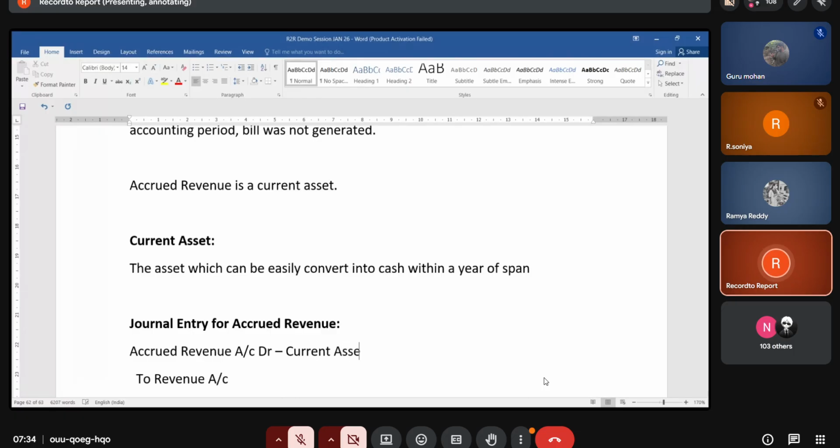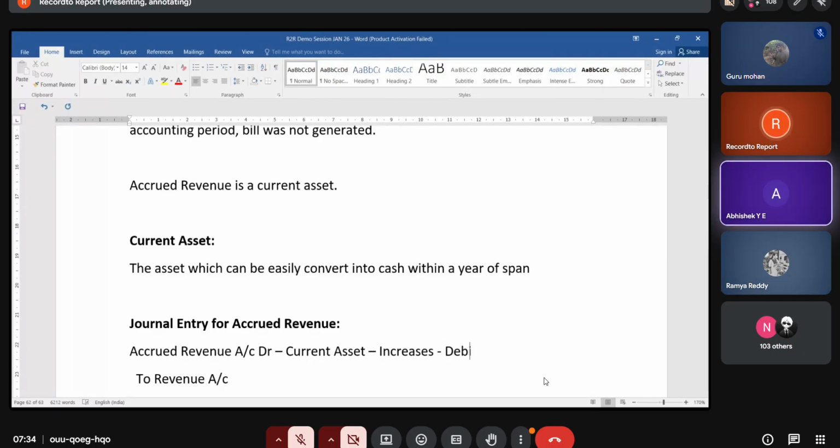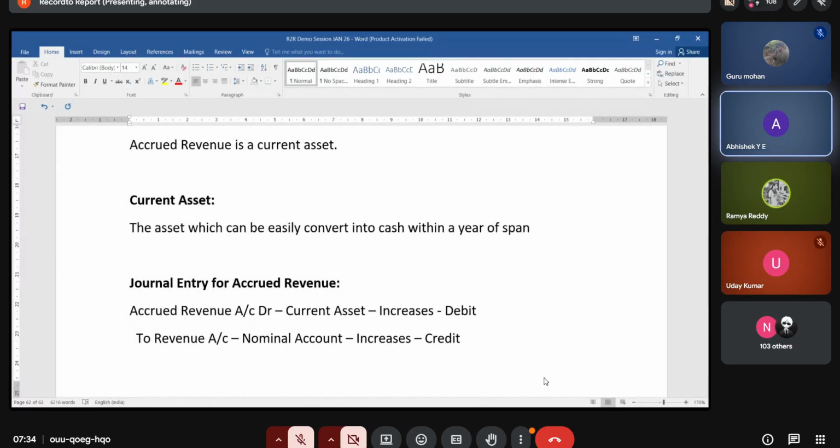When the asset increases, we need to debit. Revenue is a nominal account, and if revenue increases, do we need to debit or credit? Credit, as per nominal. So accrued revenue account debit to revenue account.